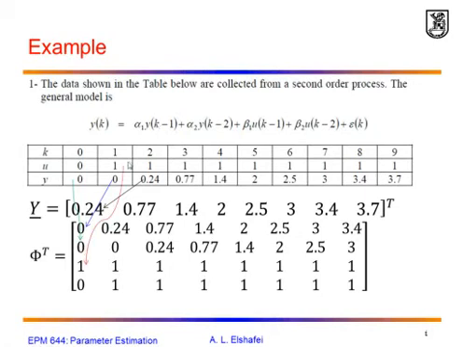This is u(1) and u(0). So this vector is what I call the small phi vector, and so on for the rest of the values.